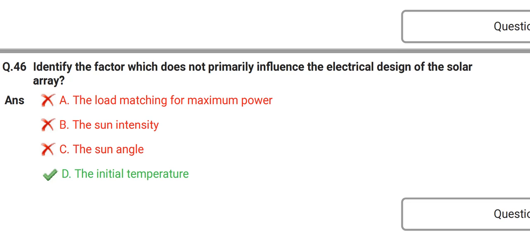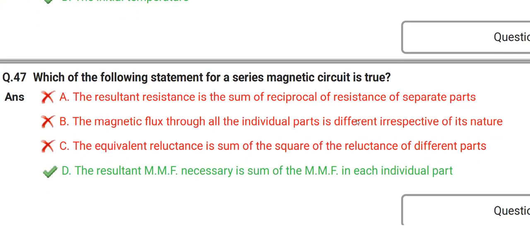The initial temperature is not a primary influence, but we can say that it is also an important factor, because we want energy from that array. So load matching, sun intensity, and sun angle are the primary influences, and the answer is the initial temperature, which is not a primary influence, but it also affects the electrical design.